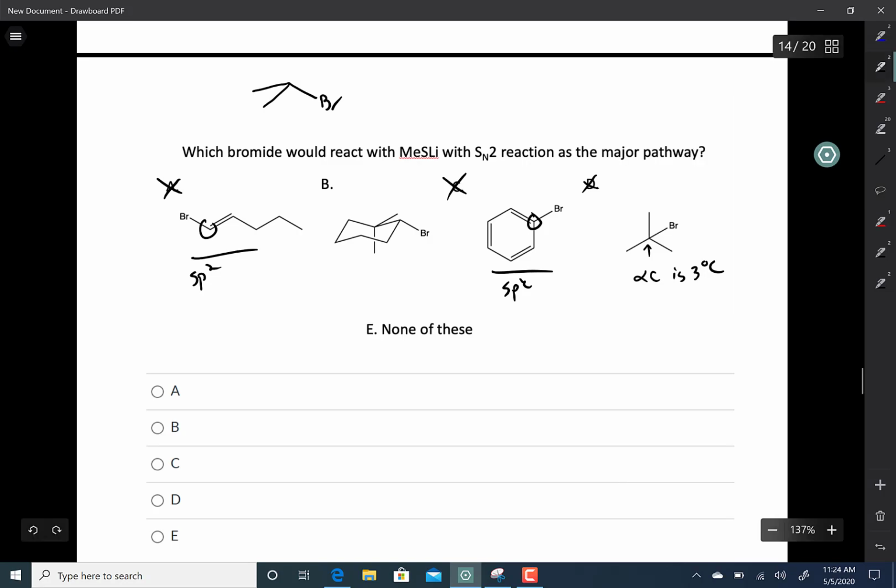Okay, computer issues. Remember neopentyl? This is also neopentyl.